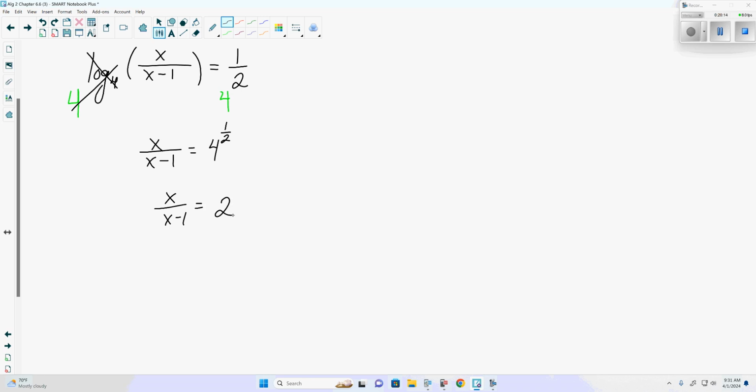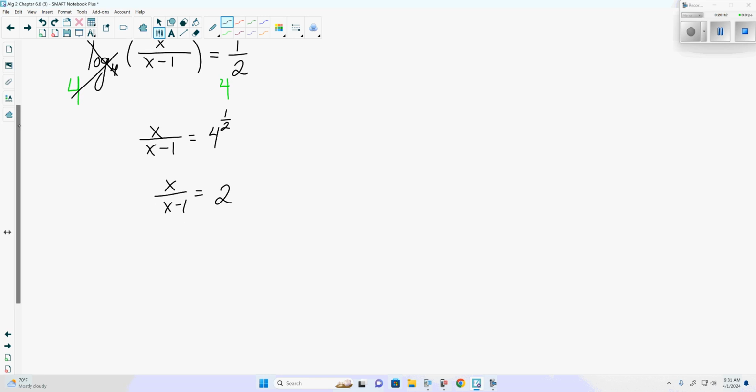If we do type that in, 4 to the half is indeed 2. The 1/2 power and the square root are the same thing. Chapter 5 will go into that and explain why that is, to the best we can. But the 1/2 power gives us 2.